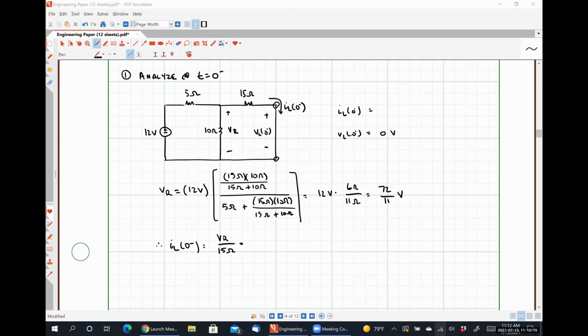Looks like 24 over 55 amps, or 0.436 amps.